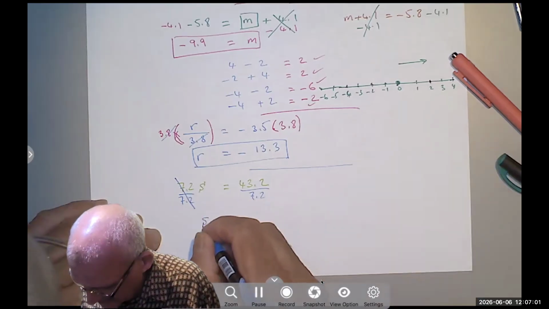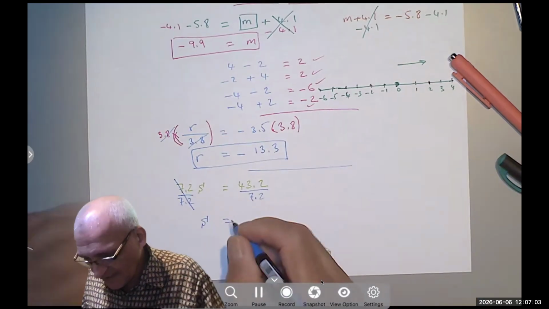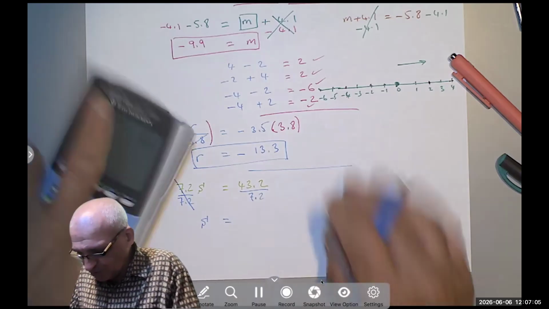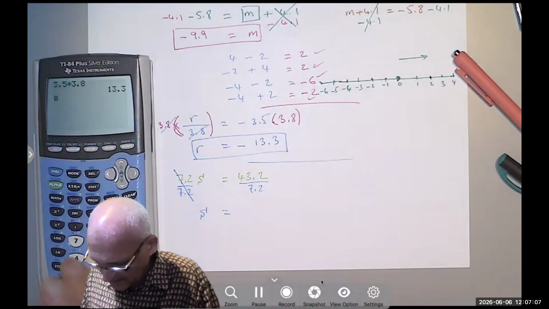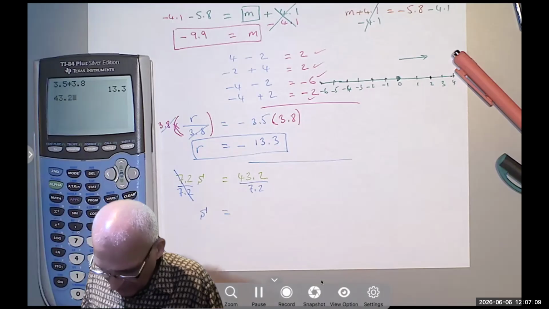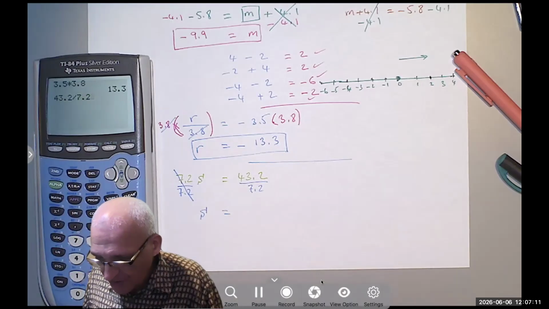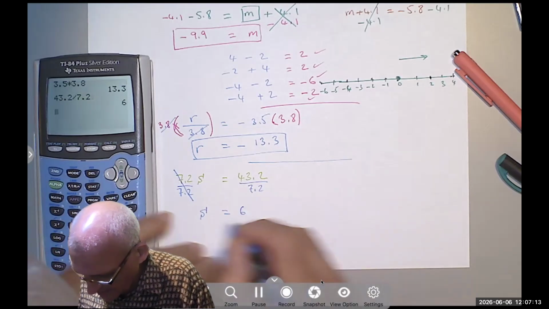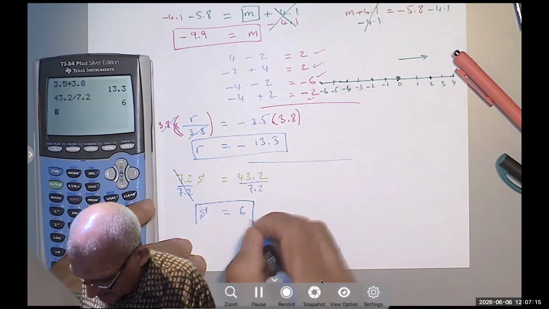So I say S equals, and then I divide 43.2 by 7.2, that's 6. 43.2 divided by 7.2 equals 6. So S equals 6.